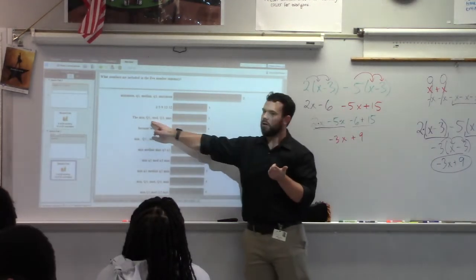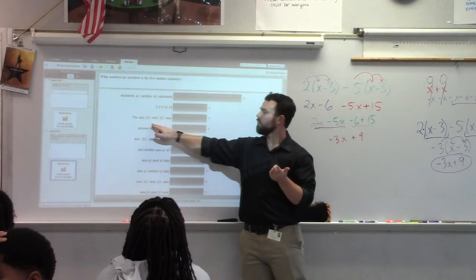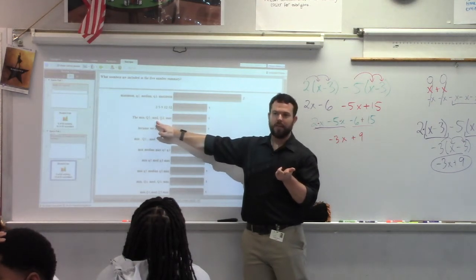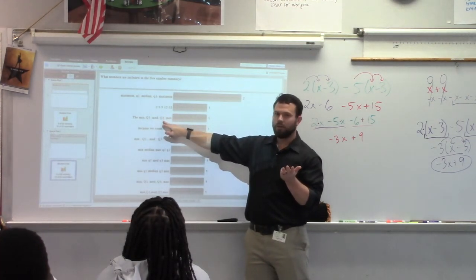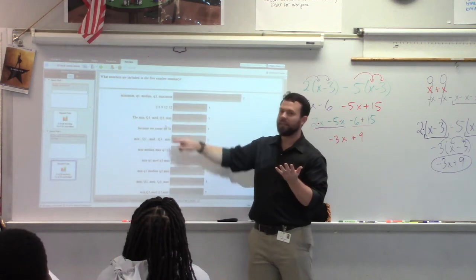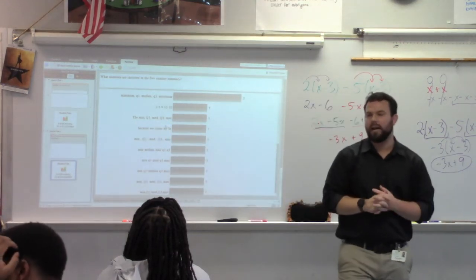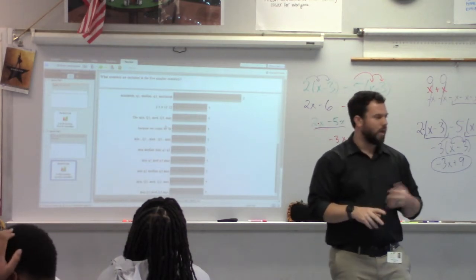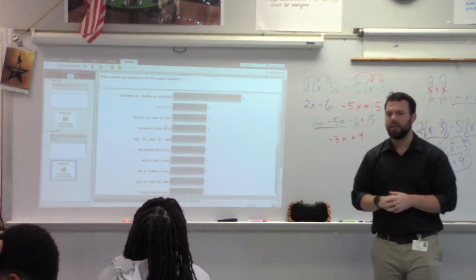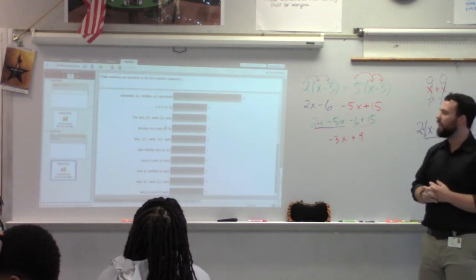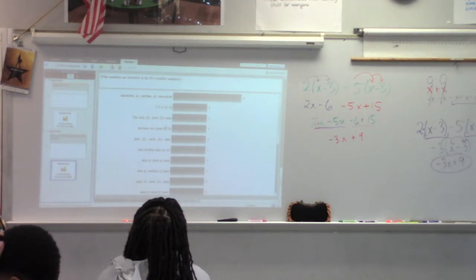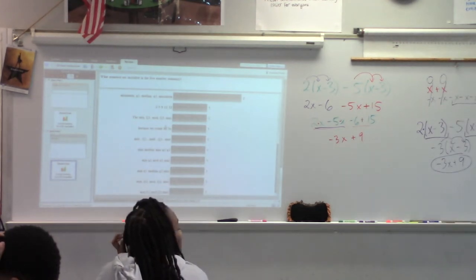Q1 meaning the first quartile. Median. Quartile 3, third quartile. And maximum. That's the 5-number summary that we use for what type of graph? Box and whisker plots or box plots, right? So we're going to look more at it a little bit today. But yes, the 5-number summary, those are the things that we need to recognize.